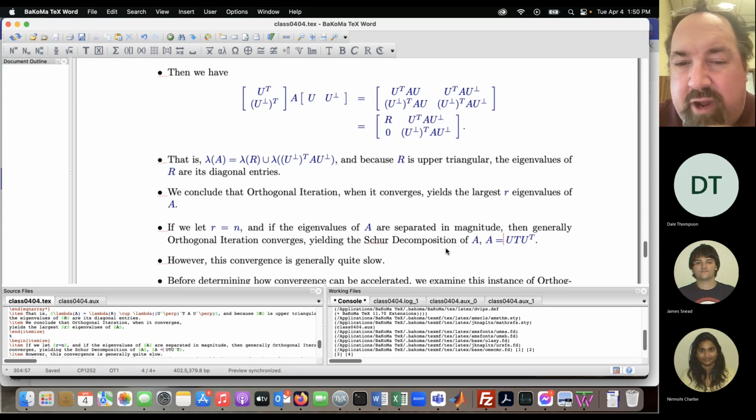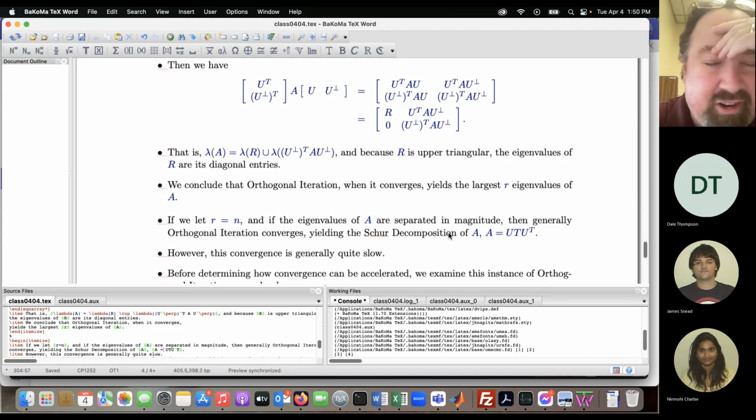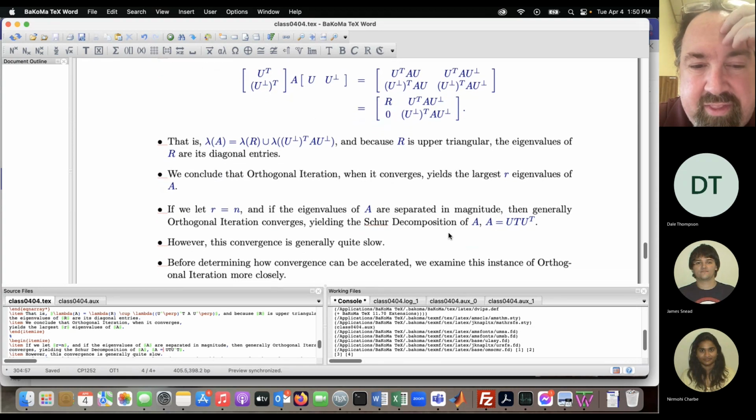We now have a way, under the right circumstances, of getting all the eigenvalues of A. So we're getting there, but there's still a lot of work to do. More than I can talk about in today's class. As far as making this process more efficient, we're going to deal with that later. Like on Thursday, we can make some progress addressing that.